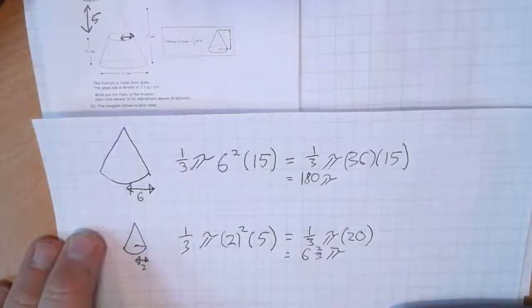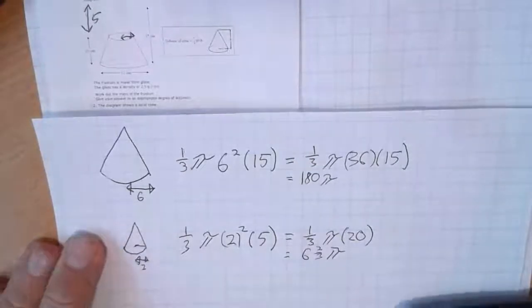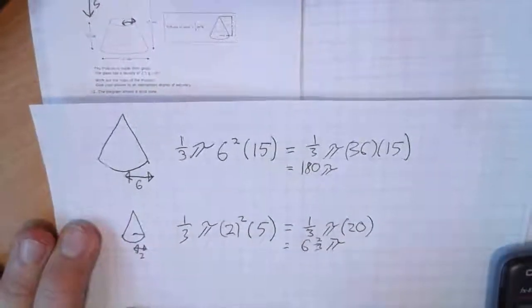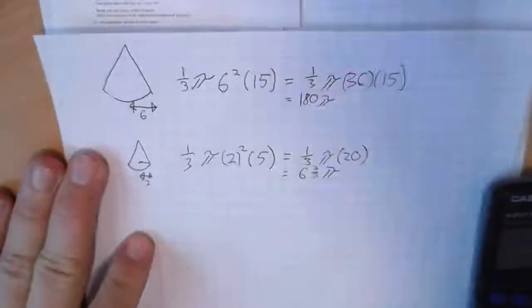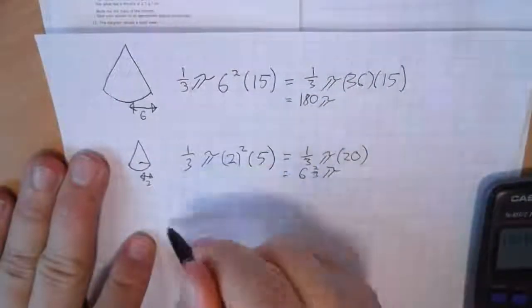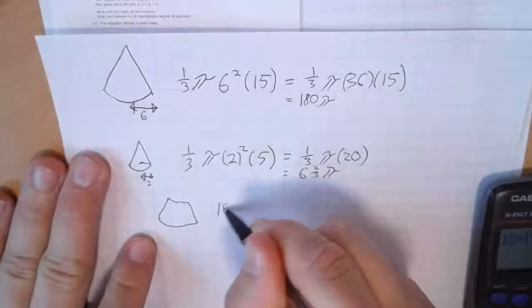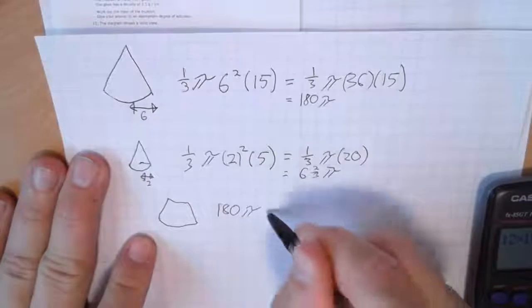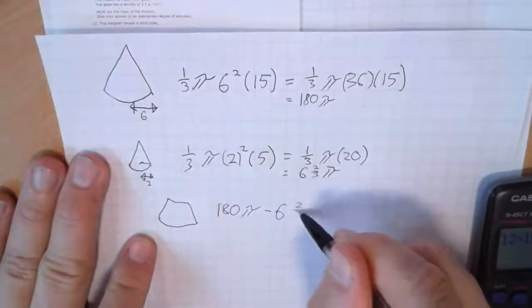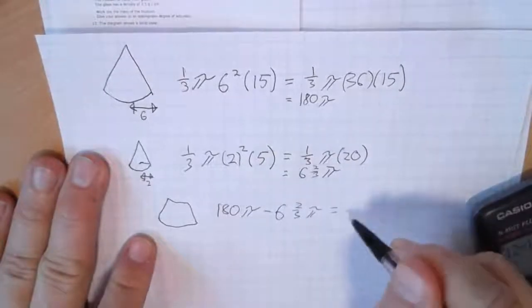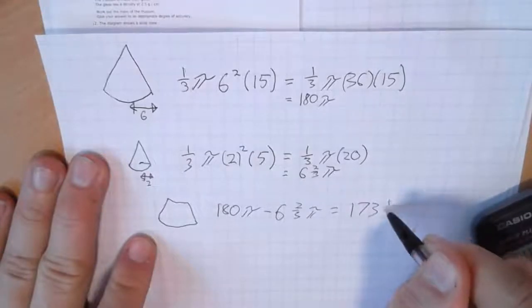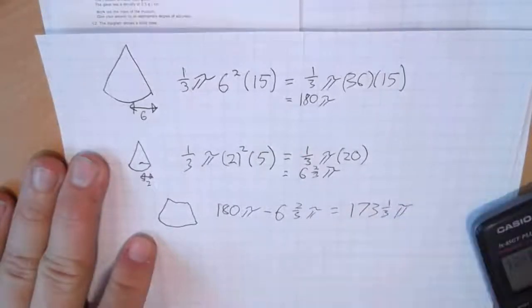So my total volume for this frustum is going to be the difference between those. So if I take 180 pi, so the frustum that's left is 180 pi minus 6 2/3 pi, which is 173 1/3 pi.